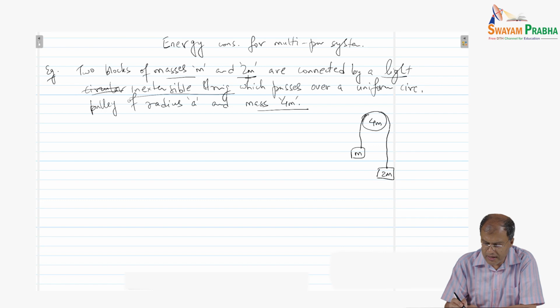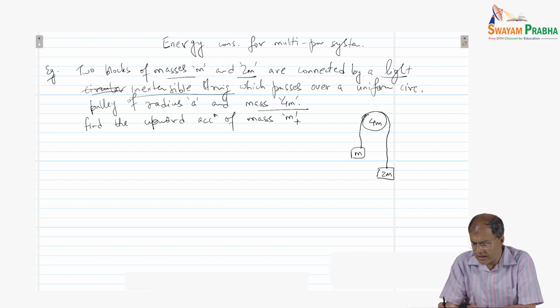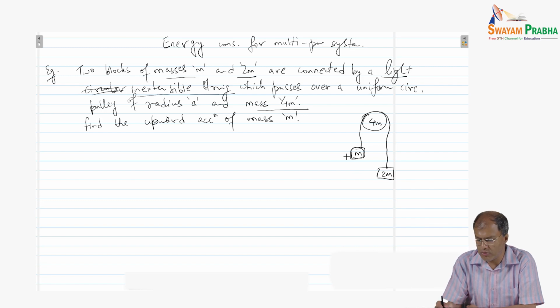And this question says find the upward acceleration of mass m. Okay, so it's quite intuitive that this mass m, being the lighter of the two masses, is going to move up and the heavier mass is going to move down, right?